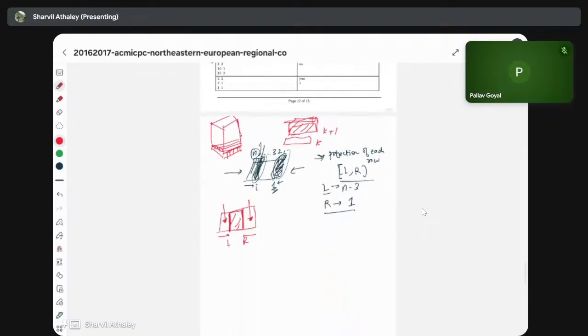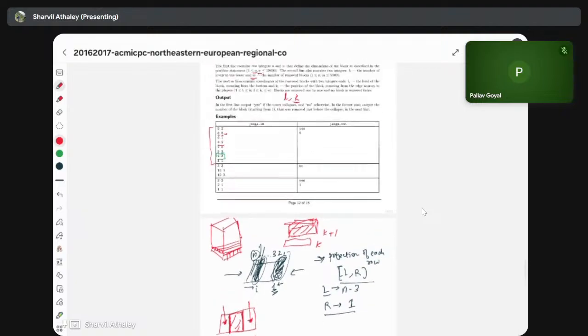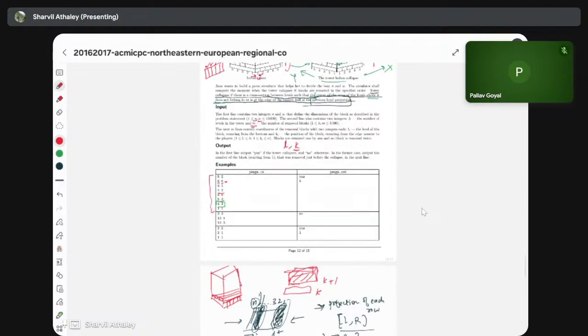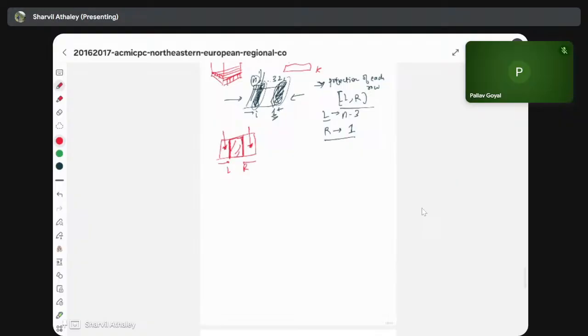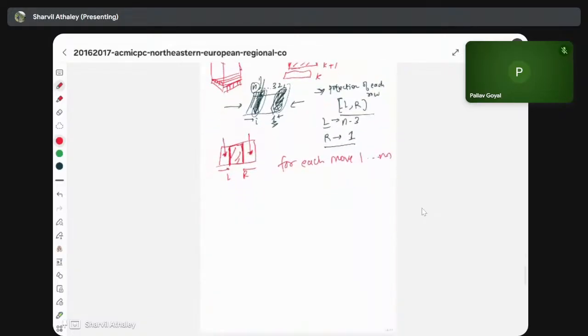And now to solve this problem, note that H and M are less than or equal to 5,000. So basically for each move, 1 to M, let's say you're removing the kth block from the lth level, and you'll maintain a vector set for each level.